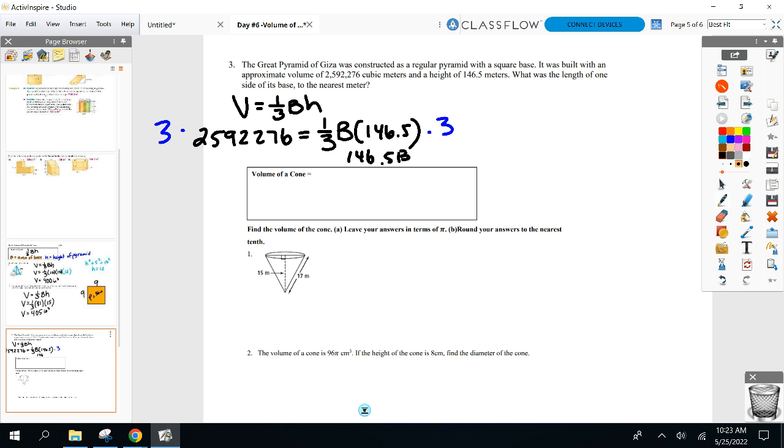We're not rounding, right? Okay. 7776828. Then divide both sides by 146.5.